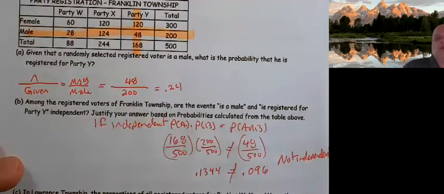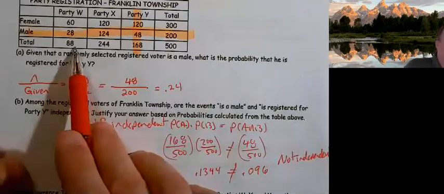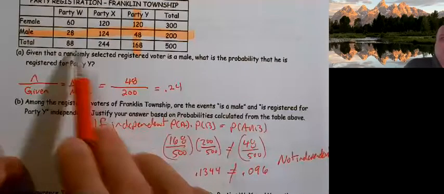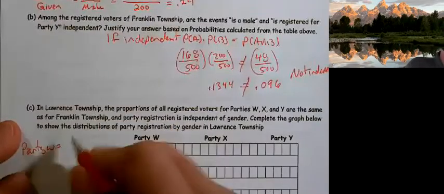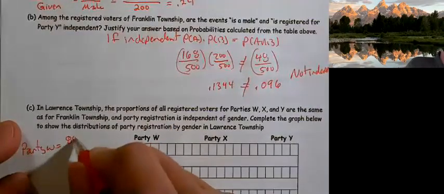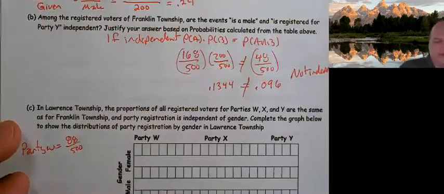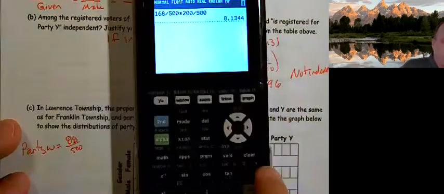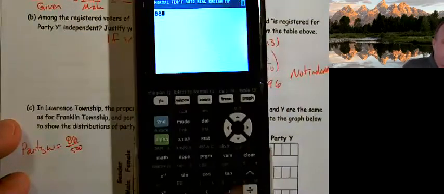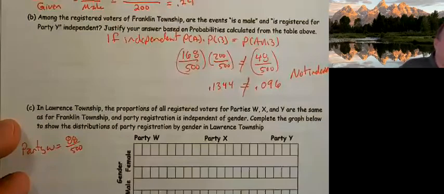Party W, we have 88 out of 500. So party W, the proportion is 88 out of 500. And if I want to turn that into a decimal, because sometimes that's easier to understand, 88 divided by 500, 0.176.